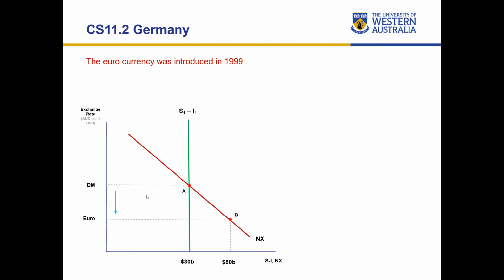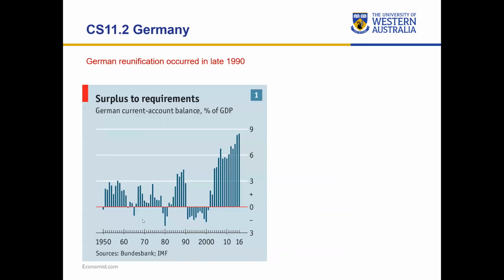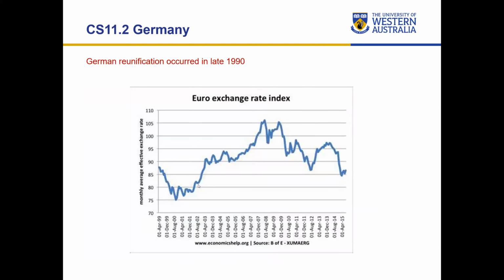So say 1997, 98, Germany's at point A. The euro is introduced and you get this sudden movement from an old strong currency to a new, much weaker currency. What this graph is suggesting is, however, that there was a little bit of strength in the euro.